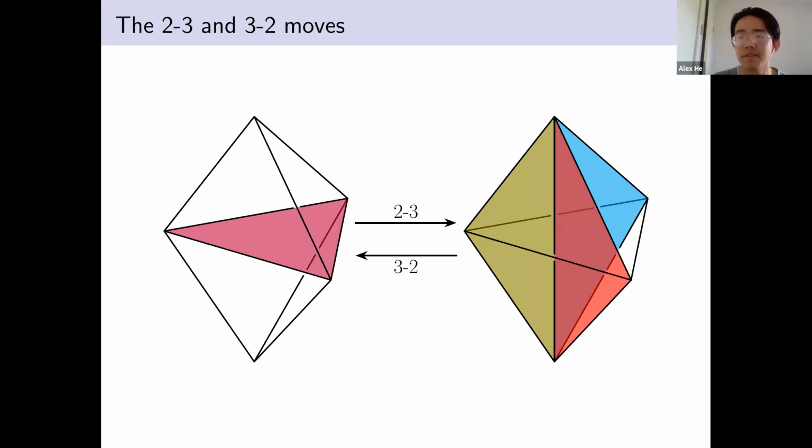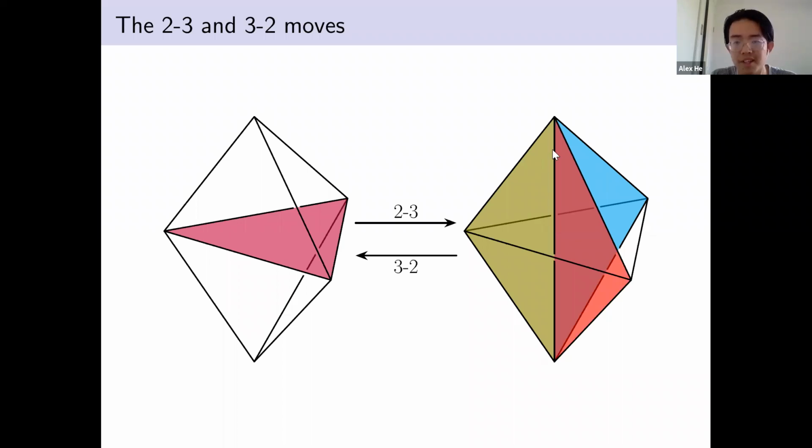So here's the really classical notion of 2-3 and 3-2 moves. The idea is that anywhere in your triangulation, you look at a small region where you've got two tetrahedra joined together, and you can replace that small region with a little gadget that looks like this. You've got a common edge in the middle and three tetrahedra glued together along that edge.